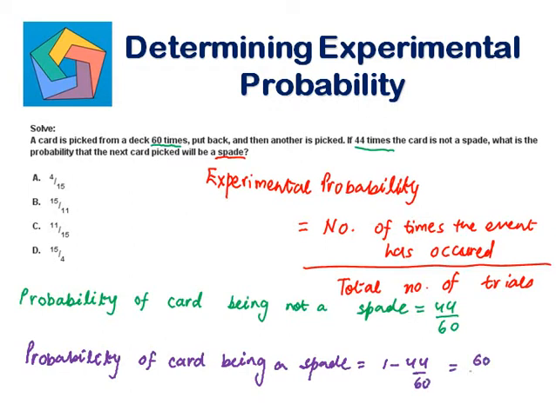That's 60 by 60 minus 44 by 60. That's equal to 16 over 60. Simplified, I can divide by 4. 4 over 15, which is the answer in the A part. We can highlight it.